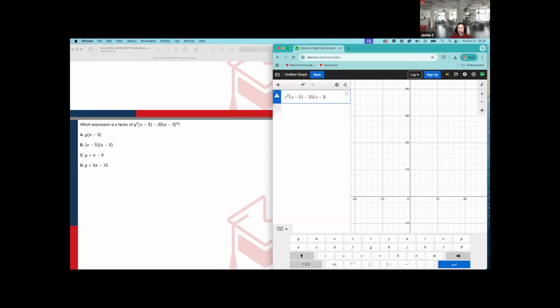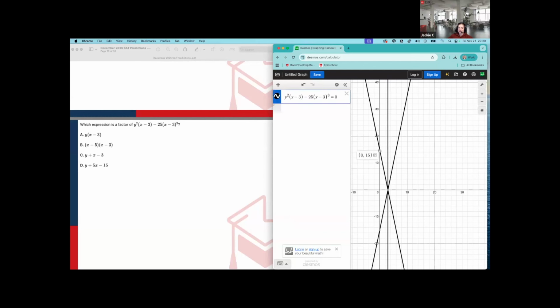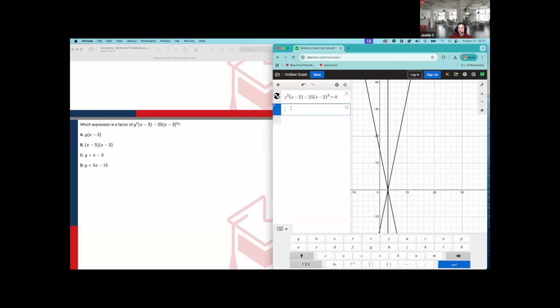Then we have x minus 3 cubed. And then I set it equal to 0. And then I can see it gives me these different, well, looks like 3 different lines. We can see the y-intercept here is at 0, 15, 3, 0, and 0, negative 15.